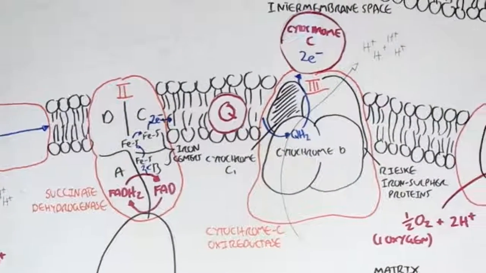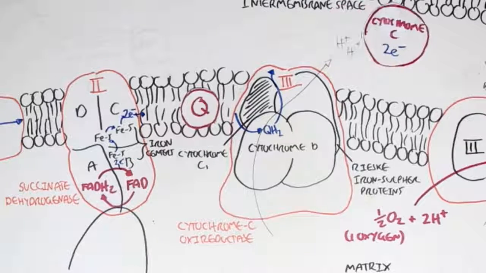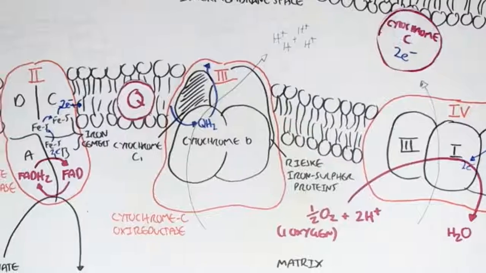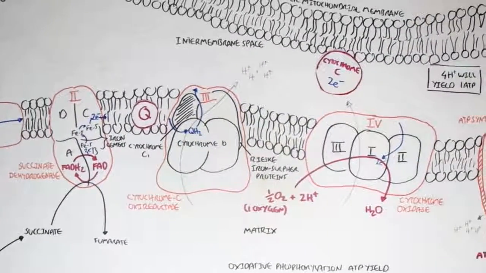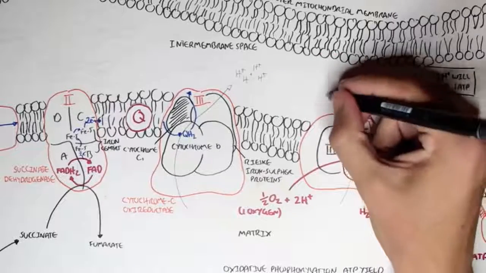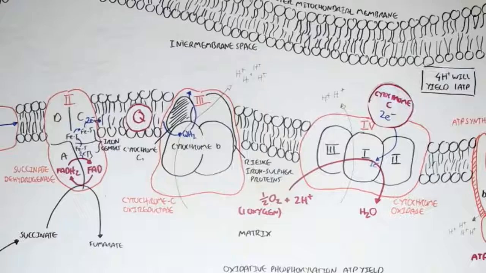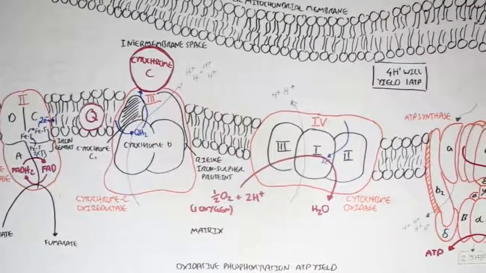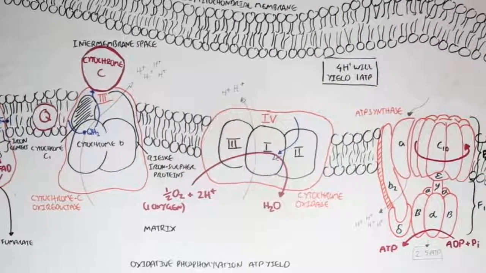During this process, complex 3 will also pump 4 hydrogen ions from the matrix into the intermembrane space. Cytochrome c with the electrons will then travel to complex 4, cytochrome oxidase, where it will cause an additional 2 hydrogen ions to be pumped out from the matrix into the intermembrane space. So, as you can see, the transporting of electrons from FADH and NADH are very similar.